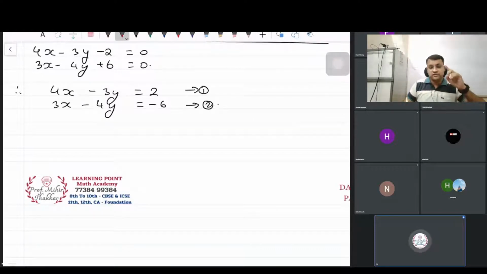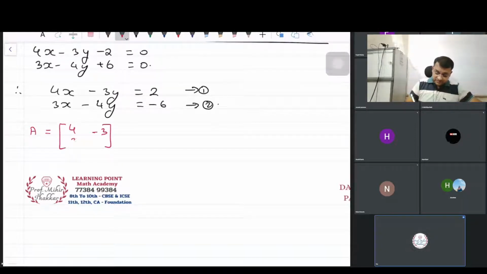Now if you remember from your previous lecture, the first step that we have to do is we have to express these equations in the form of the three matrices A, X and B. So let's do that first. A is equal to 4 and negative 3, 3 and negative 4.